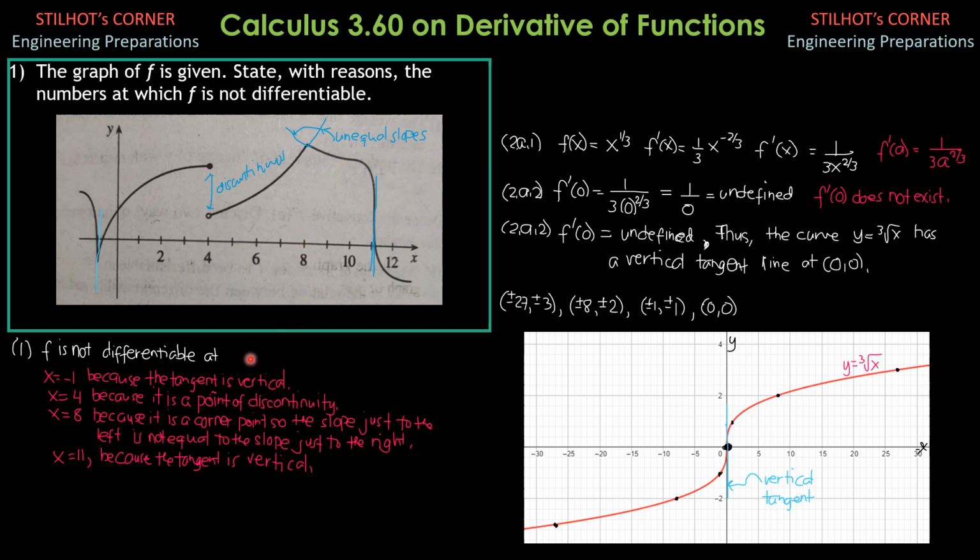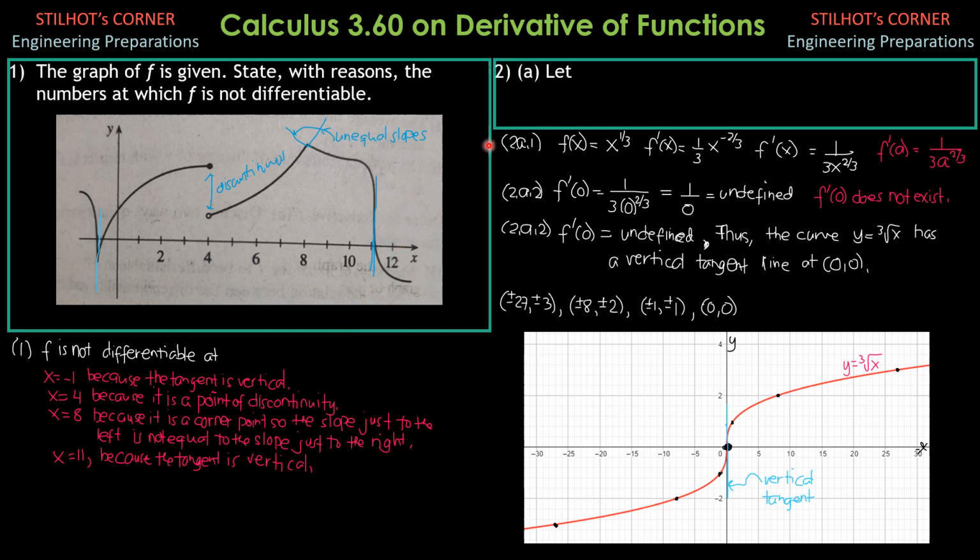So the slope just to the left is not equal to the slope just to the right. And finally, at x equals 11, the tangent is again vertical, so the slope is undefined. The tangent is vertical at x equals 11.